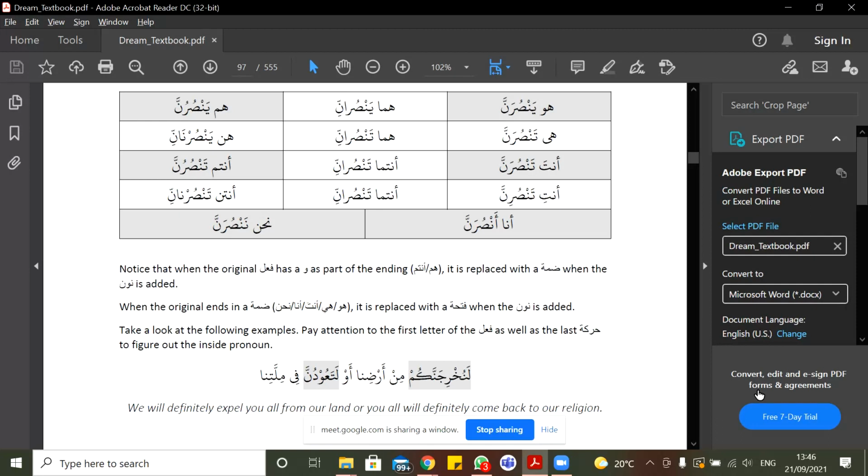So it cannot be anta, because they have the fatha ending, which does not give you a waw sound. The waw sound is only in the plural form: antuma or antunna? Antunna is a group of ladies, they are the nun of feminine. So it cannot be the nani. So most possibly in taudunna the inserted pronoun is antum.